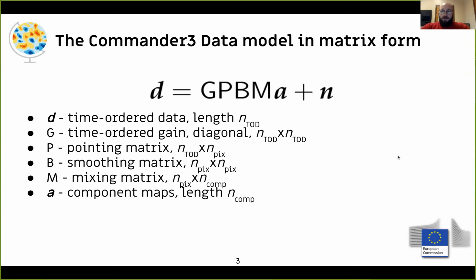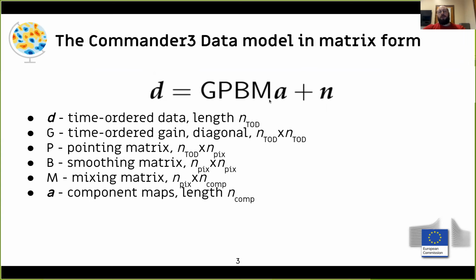So in very raw form, the data model in matrices is given by essentially a mixing matrix applied to a series of amplitudes, smoothed to the resolution you observe at. A pointing matrix is applied so that you have a map taking you from pixel space to time-ordered data space, and then the gain is applied.